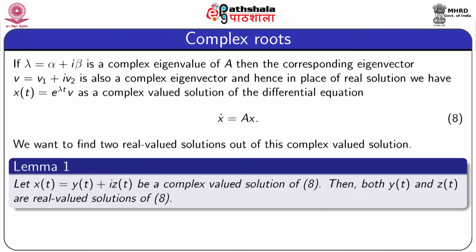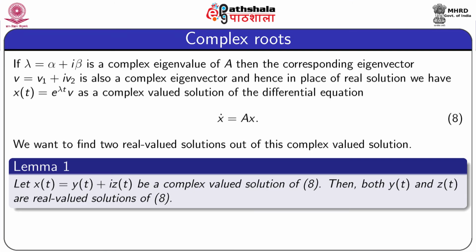We have started this module with the linear autonomous homogeneous system, where we have looked into the solution when the eigenvalues are real and distinct. We will now take the case where the eigenvalues are complex, and we will look at how to find the solution in this particular case.